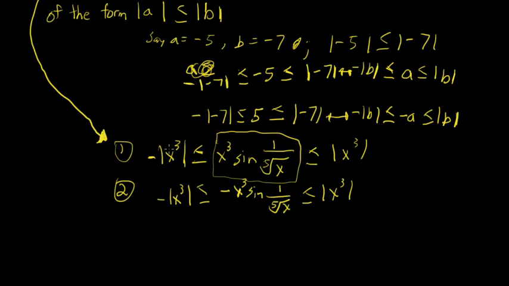We're going to look at the limit as x approaches 0 of this function here. So the limit as x approaches 0 of negative the absolute value of x cubed is the same thing as negative the limit as x approaches 0 of the absolute value of x cubed. And we know that's 0 because we will be taking smaller and smaller fractions, whether or not they're positive.